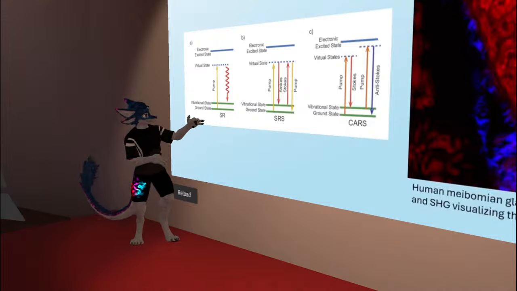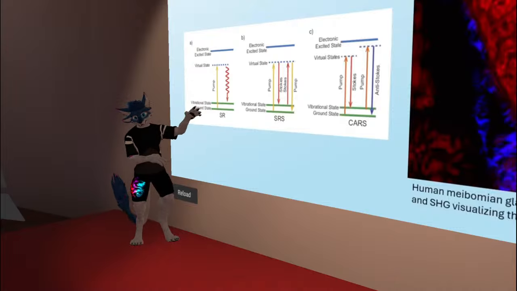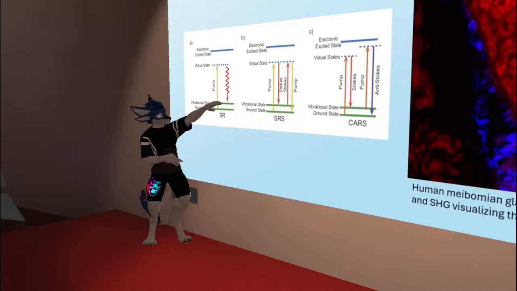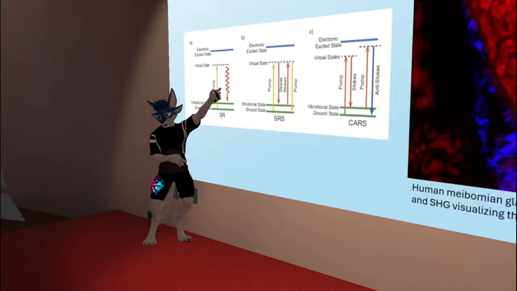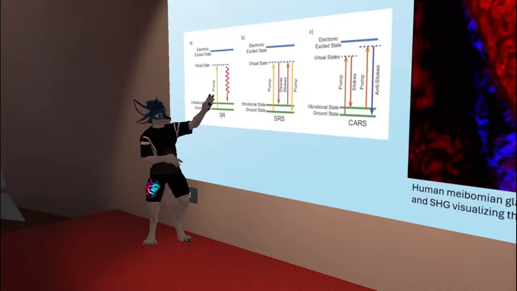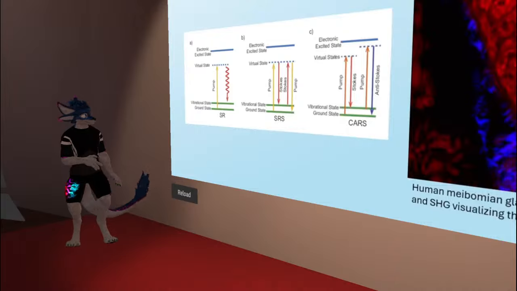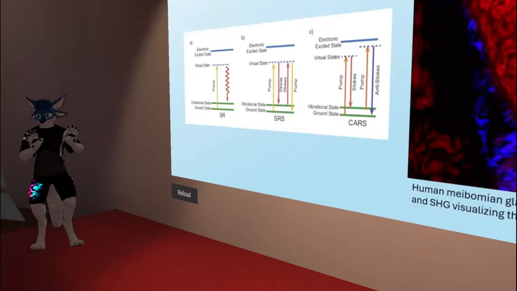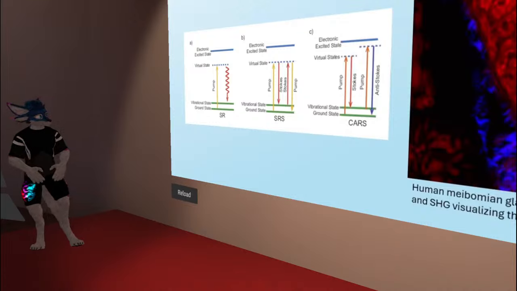That makes it really easy to think about things. Raman scattering, for example, is just you emit down to an energy level that you didn't start in. So for example, I emit a longer photon than I pumped it with, right? These diagrams make it really convenient to express those ideas.